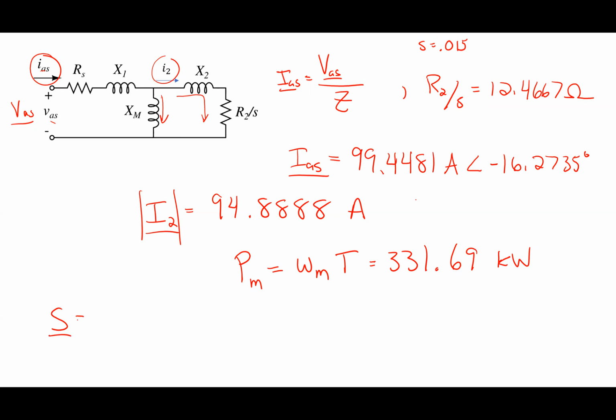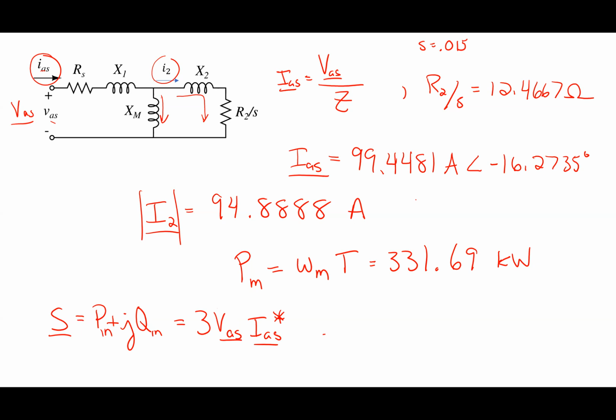So if I talk about the power here, I still have my usual relationship to say that the complex power is basically P plus jQ, where this would be P in, this would be Q in, and that's got to be equal to 3 times VAS times IAS conjugate, like that. My usual way of writing out the power as if it's just a three-phase circuit, because that's what it is.